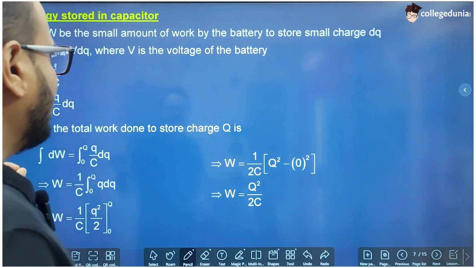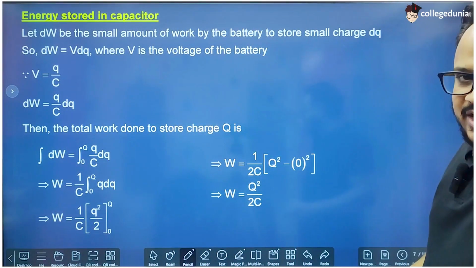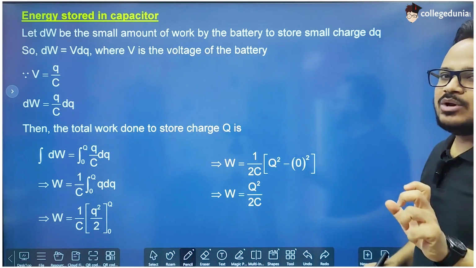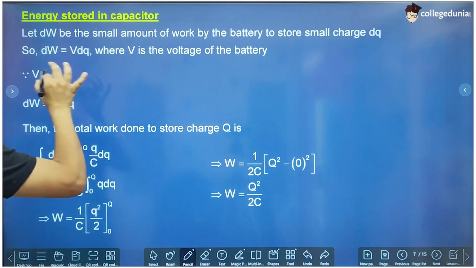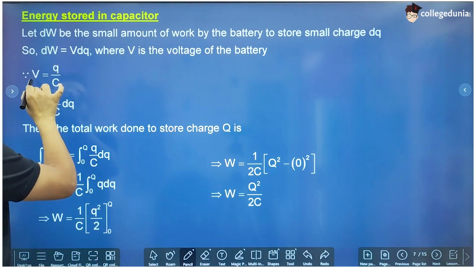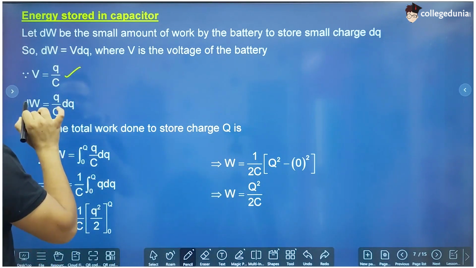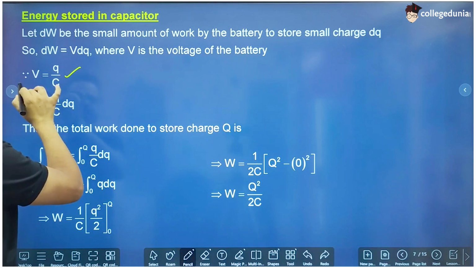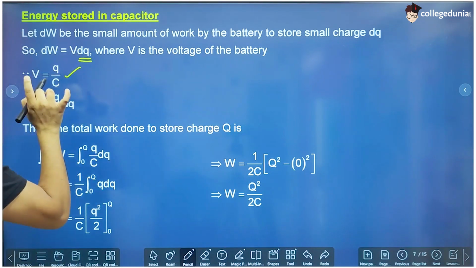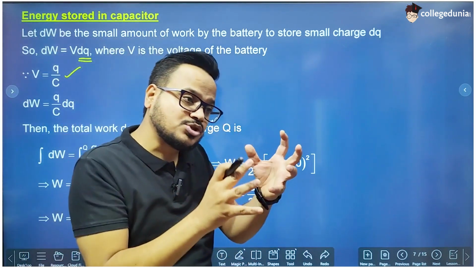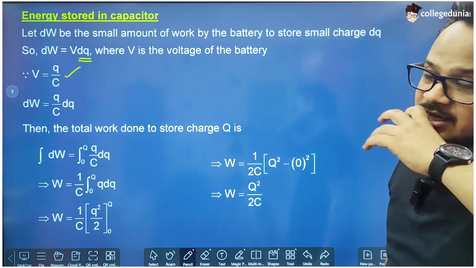Now let us say at any instant, not in the final instant, at any instant in between when the capacitor is not fully charged, let us say the charge on the plates is Q. So the potential difference between the plates V is given by Q by C. Small amount of work done by the battery to store extra charge, sorry, not the initial charge.